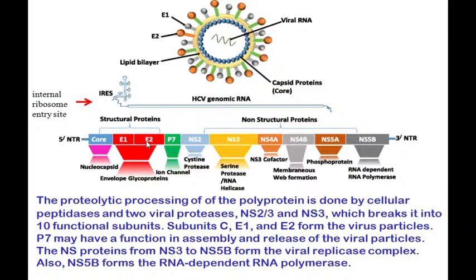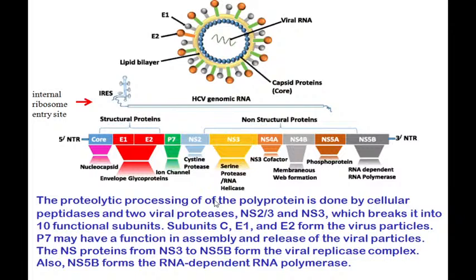The rest are non-structural proteins, for example P7, the ion channel protein, which also occurs in the virion.